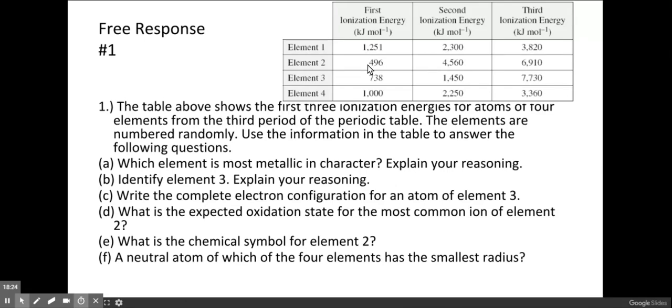So the lowest would be element 2, followed by element 3, then element 4, and with the highest first ionization energy, greatest Zeff, would be element 1. This element would be the one farthest to the right and therefore have the smallest radius.